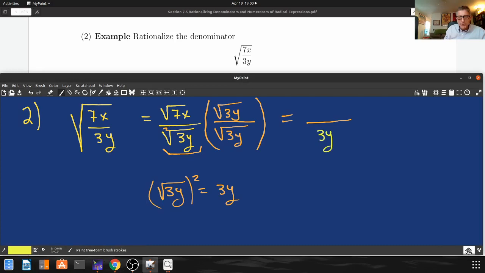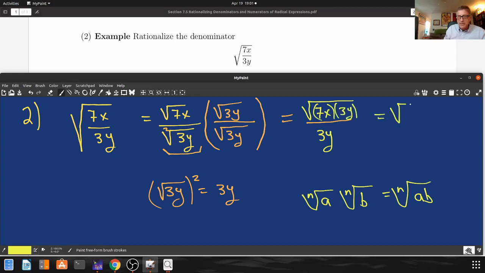And now I'm multiplying 2 radicals. So the nth root of a times the nth root of b, as long as these are real numbers, is equal to the nth root of a times b. So this is going to be the square root of 7x times 3y.